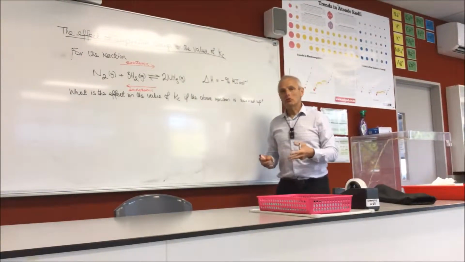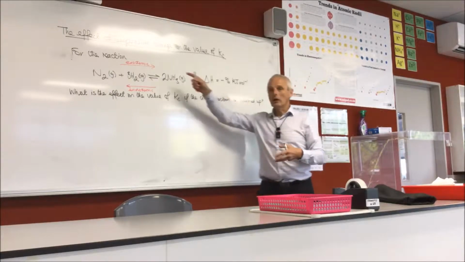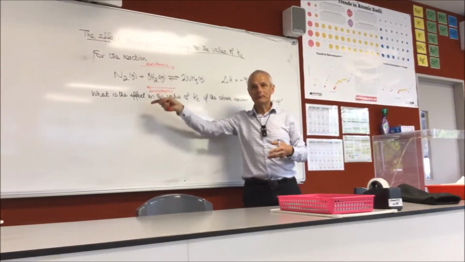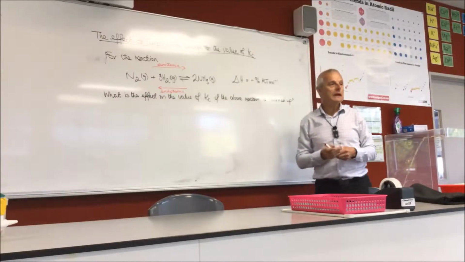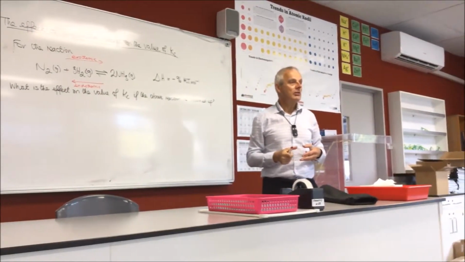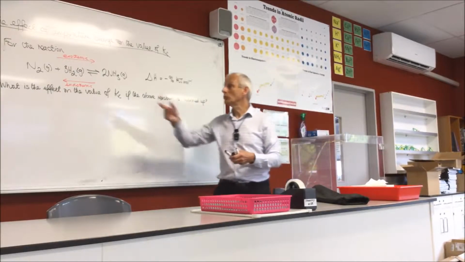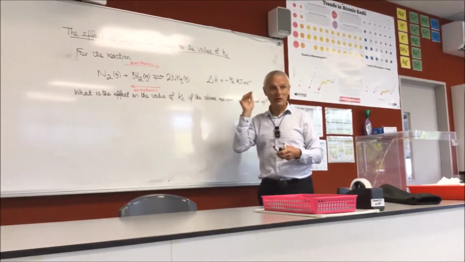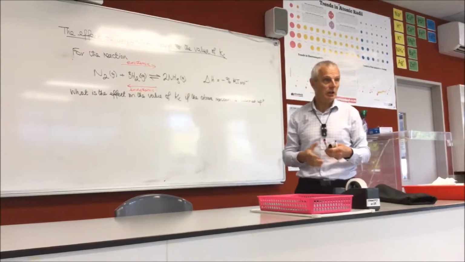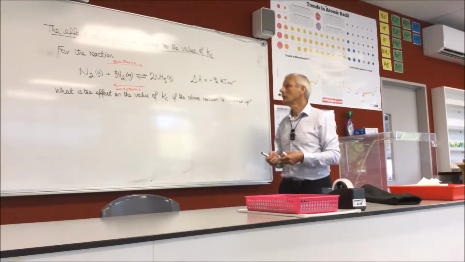That's the moment you're asked anything about a change in temperature, look at that value and write that in pencil. Okay? You've got to work out which direction the exothermic and endothermic reactions lie. Don't assume it's always going to be exothermic forwards, endothermic reverse. Okay? Depends on which reaction you're looking at.